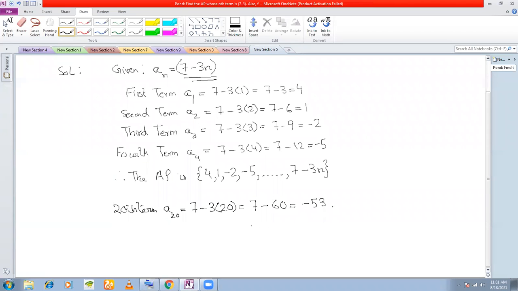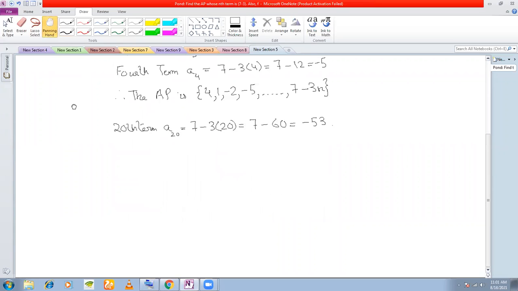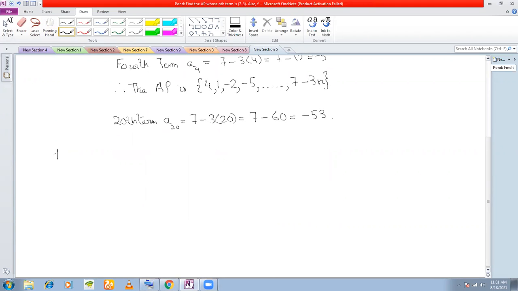So this was an easy enough problem. And this also showed to you that if you know the nth term of an AP, you can find out the entire AP.